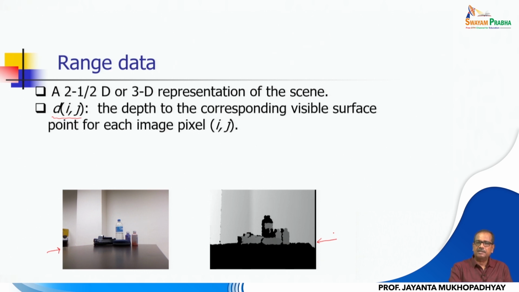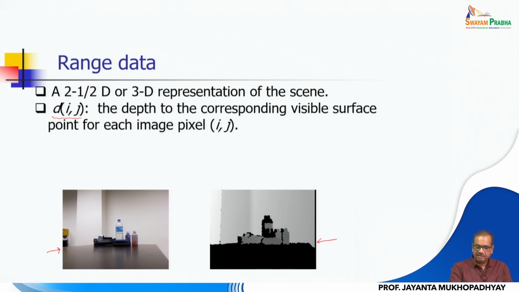It is captured by the Microsoft Kinect device, which captures both optical image and range image of the same scene. Here we could see that these bottle surfaces are shown with certain graded intensity values. Here the intensities are proportional to the respective depth value.